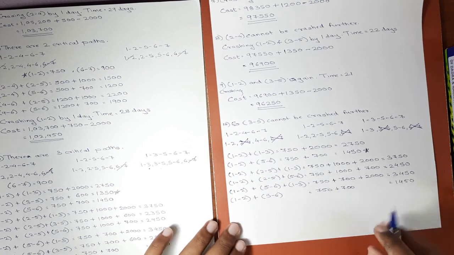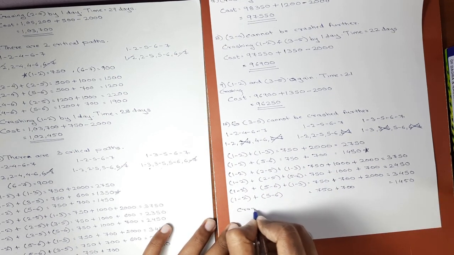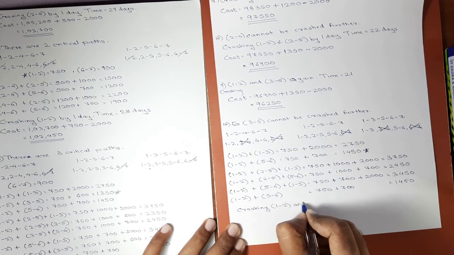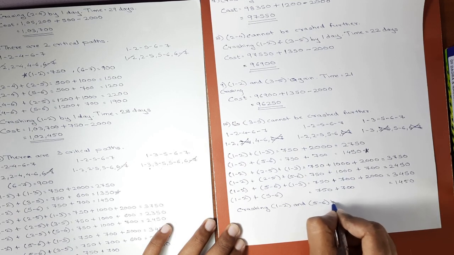Okay, so here crashing activity 1 2 and 5 6 by 1 day.